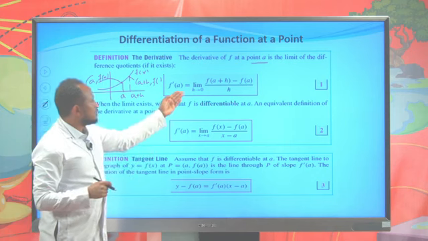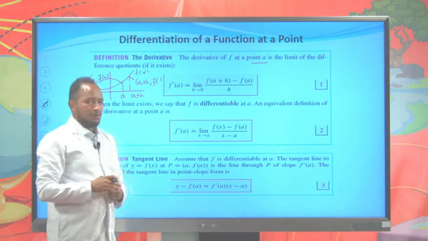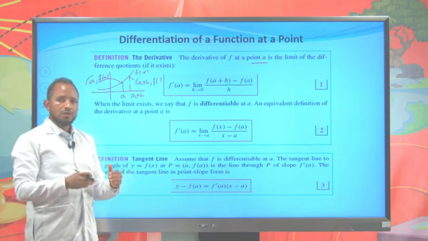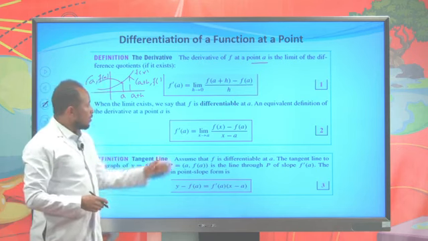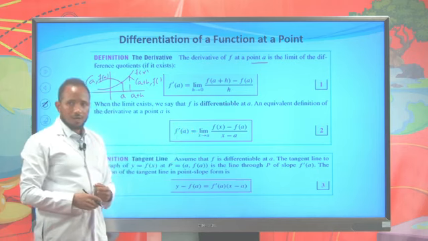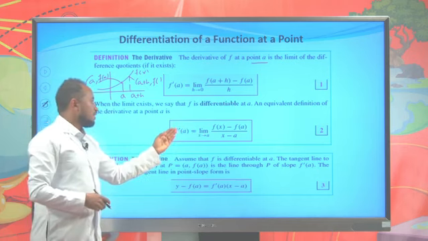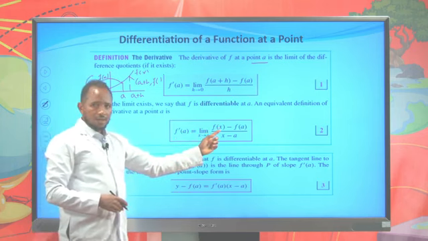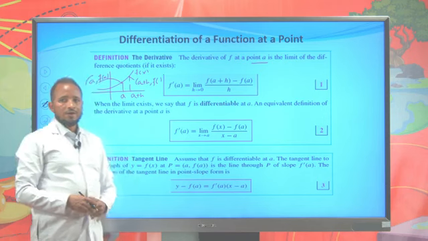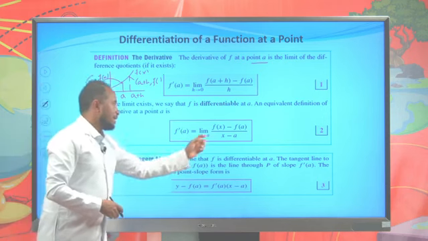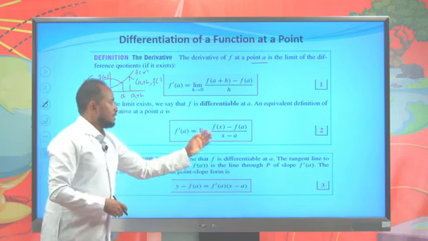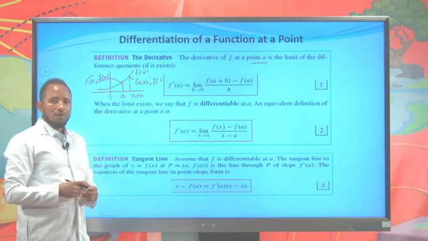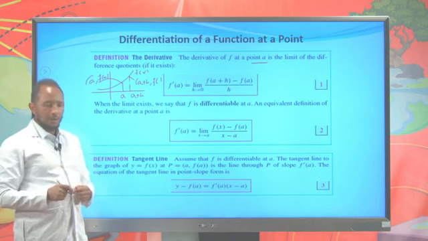So it's defined in this form: f derivative of a is equal to the limit of f of a plus h minus f of a over h, where h goes to 0. Or you can write it in this form: the derivative of a function at a is given by the limit of f of x minus f of a over x minus a, where x approaches a.